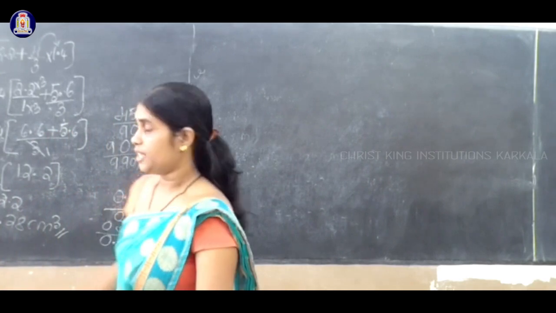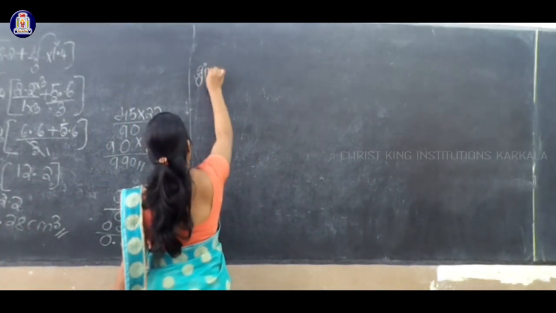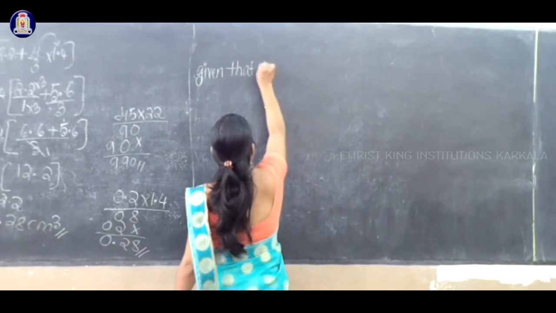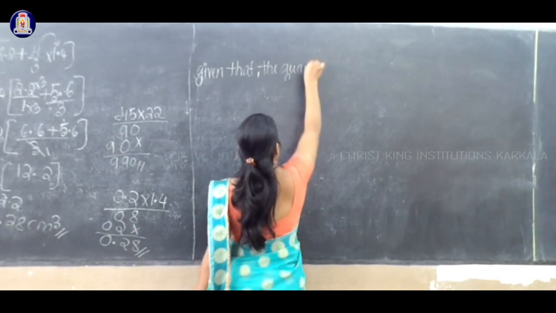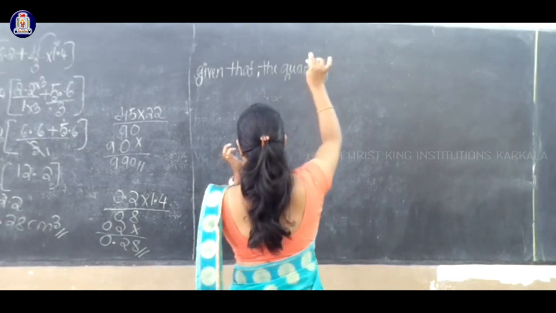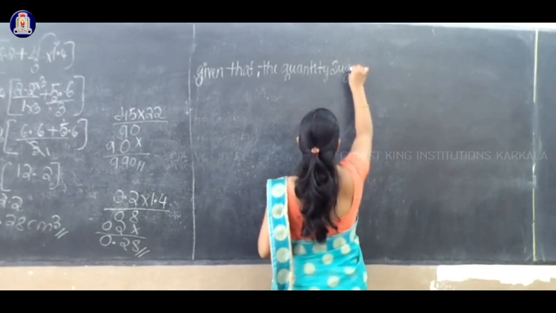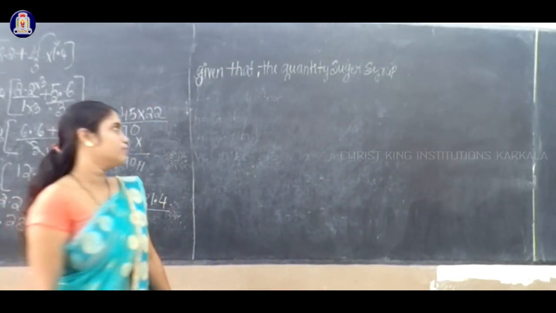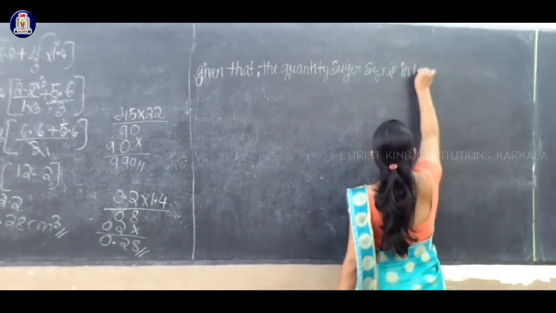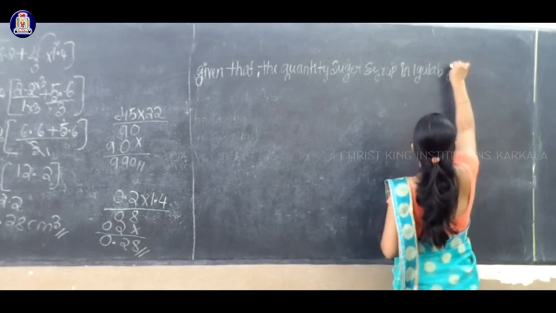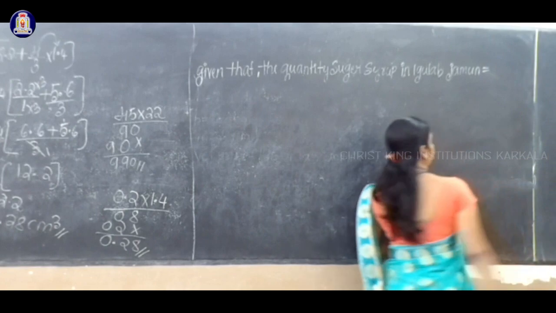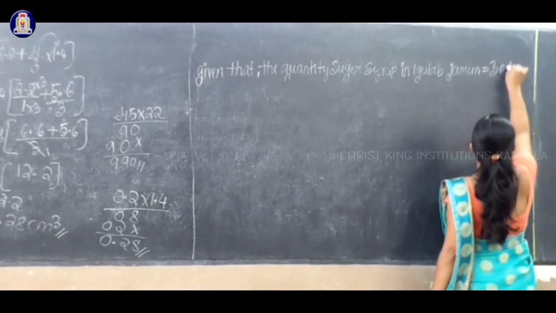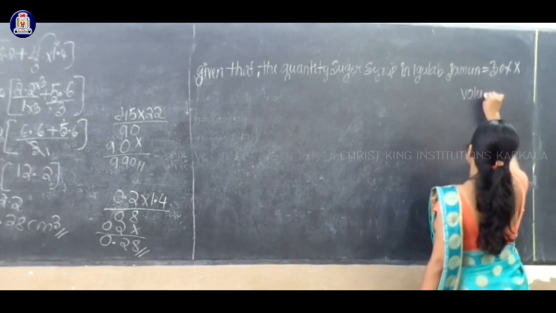so actually in the question given here, given that the quantity of sugar syrup in 1 gulab jamun equal to 30% of, means into, volume of 1 gulab jamun.